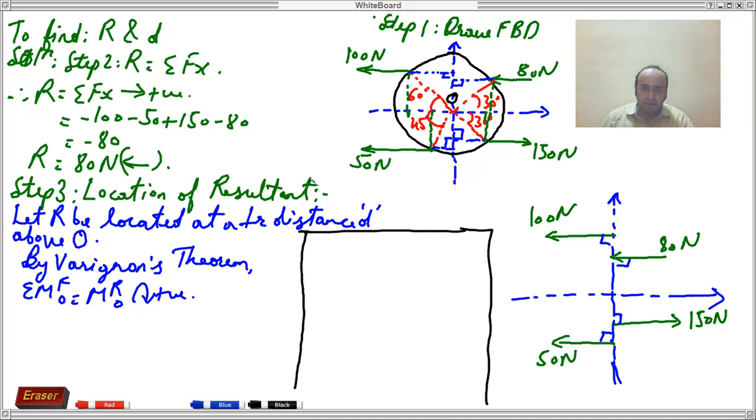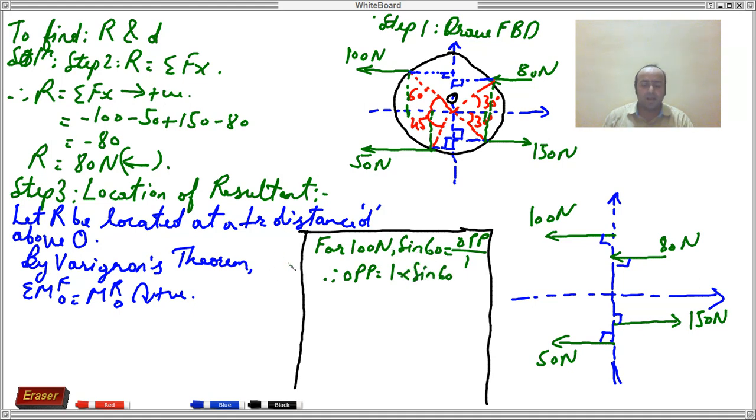So now, my dear friends, for this particular triangle, I will be writing it down. First one, for 100 Newton force, I will be writing sine of 60. Sine theta is opposite that we want by hypotenuse, opposite divided by hypotenuse. So therefore opposite is equal to 1 into sine 60.